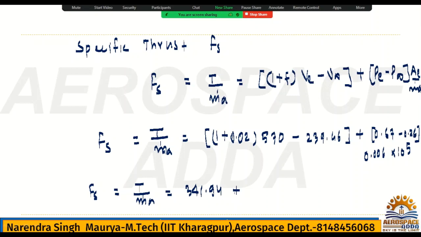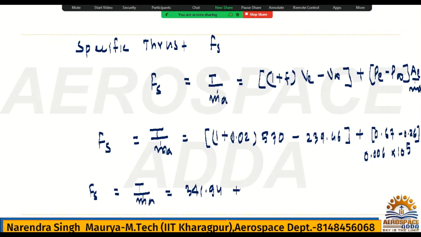So if you get this, it is nearby 584. Yes or no? Approximate to this value, please check. This is nothing but 0.67 minus 0.26 into 0.006, 2.46 times 10 to the power 3 into 10 to the power 5.